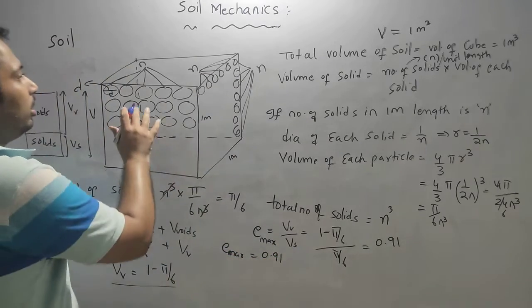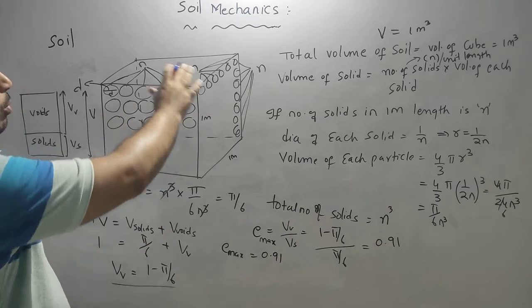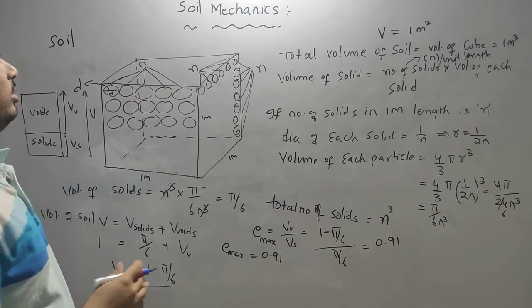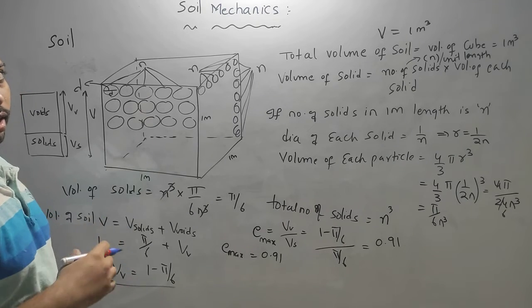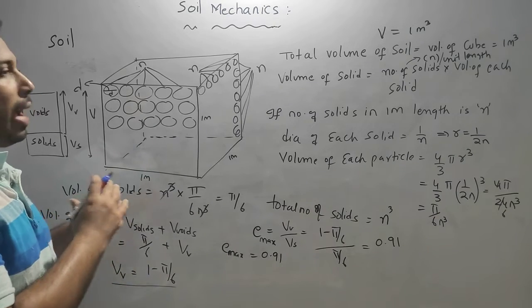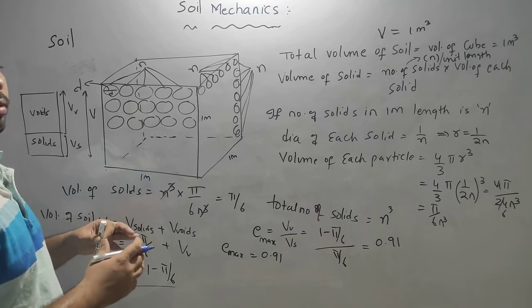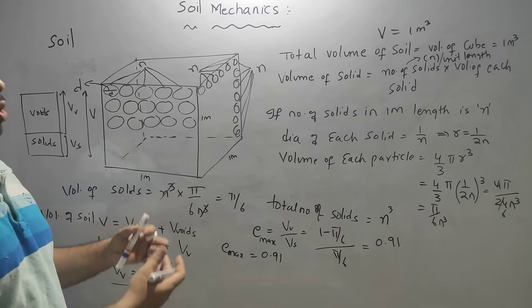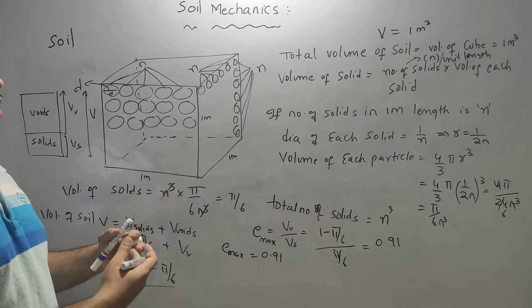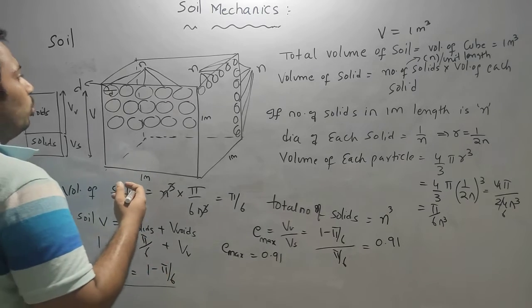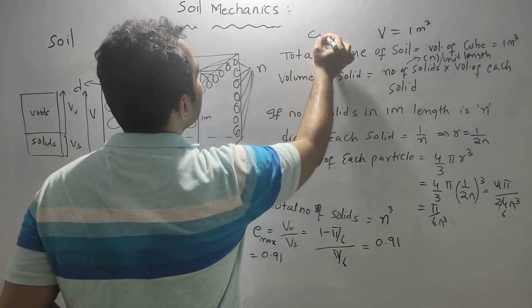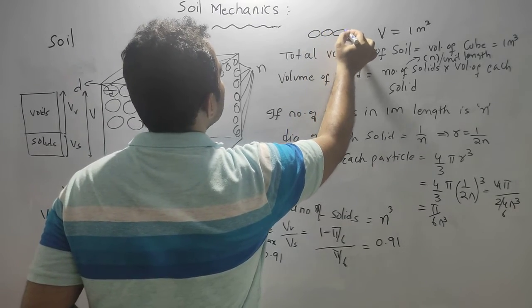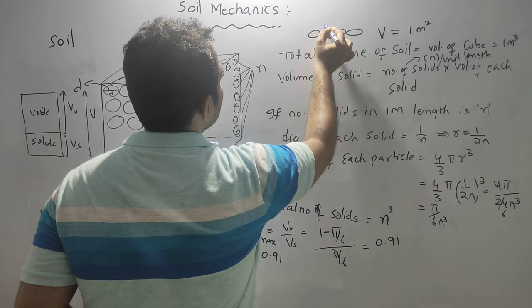Similarly, in the same cube, if I arrange the particles in a specific pattern, then the volume of voids gets reduced. How will I show? For example, if I arrange like this, with some angle.